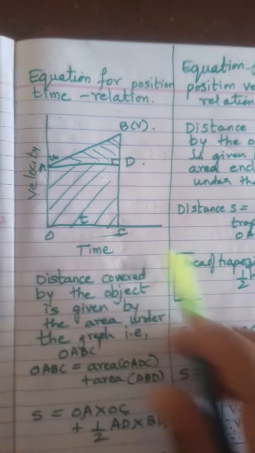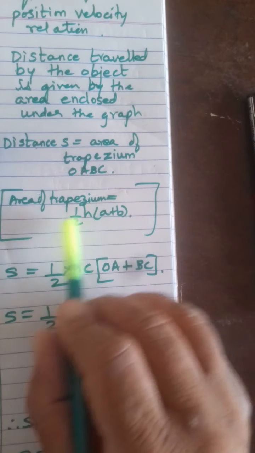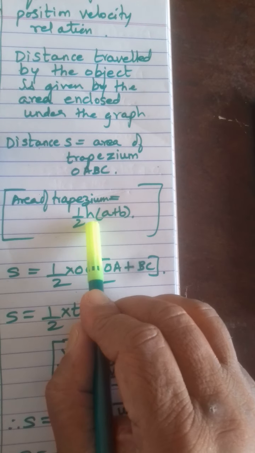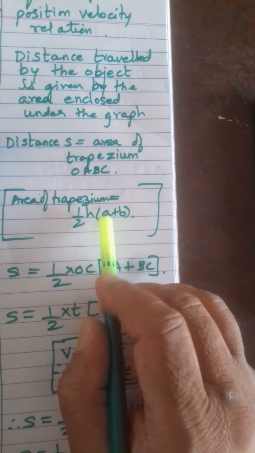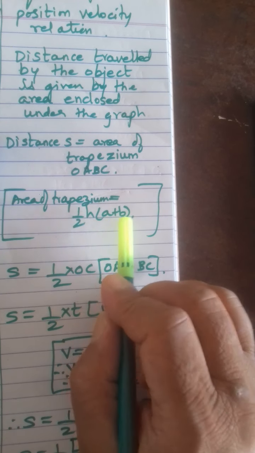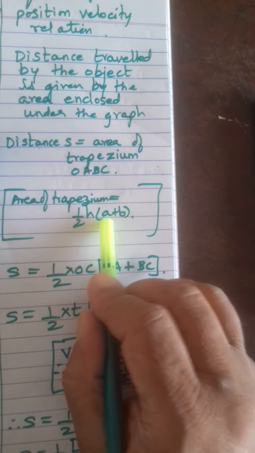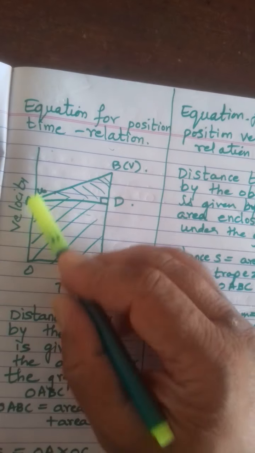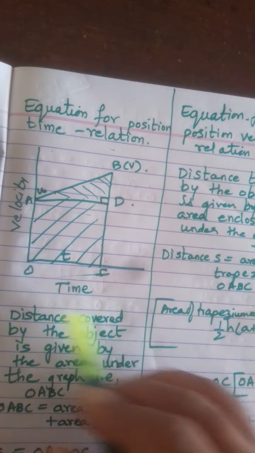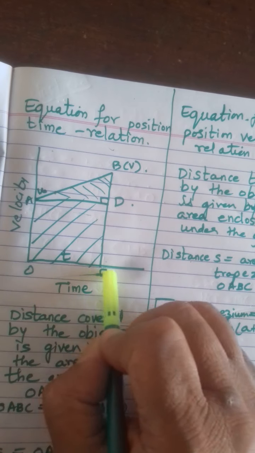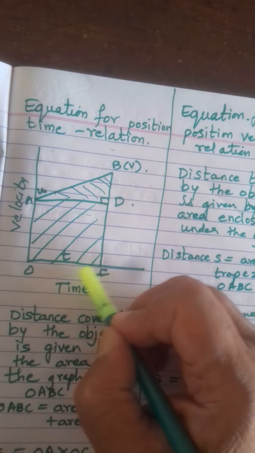The area of a trapezium is given by half into h, that is the height, the perpendicular distance between the two parallel lines, into a plus b, where a and b are the two parallel sides. So the area of trapezium OABC will be equal to half into the perpendicular distance between the parallel sides.